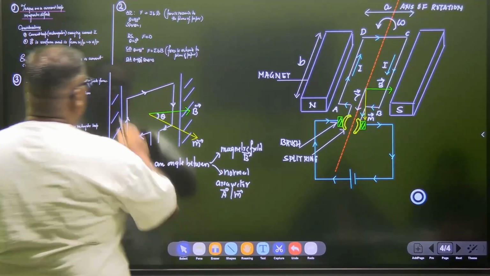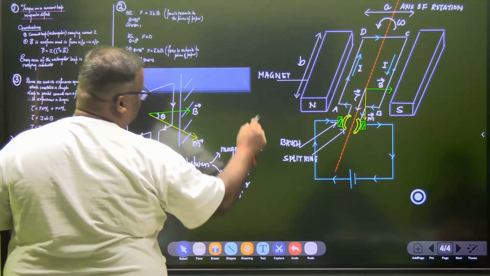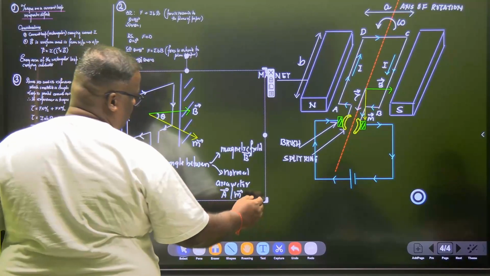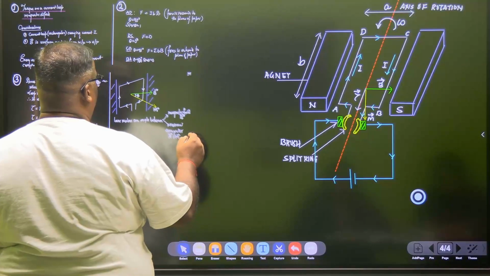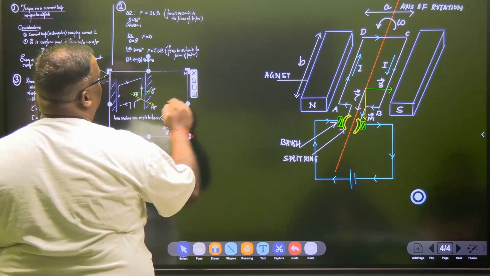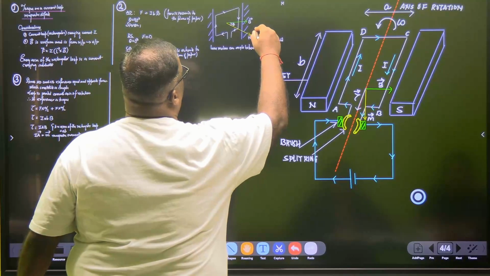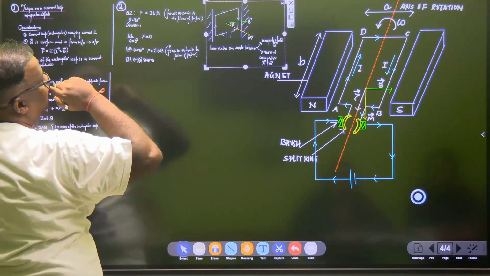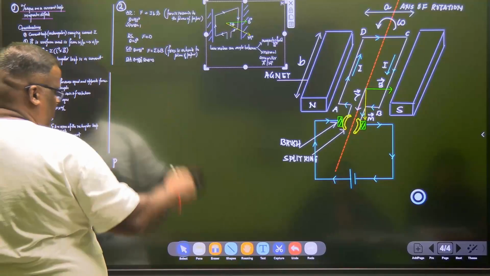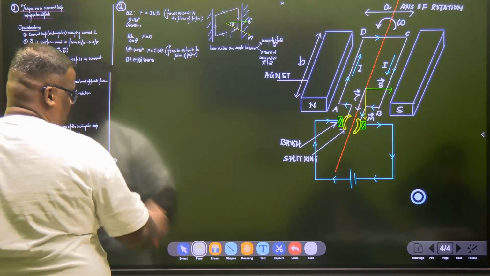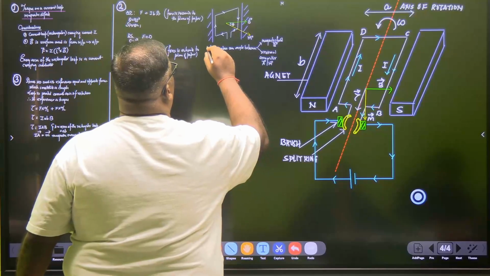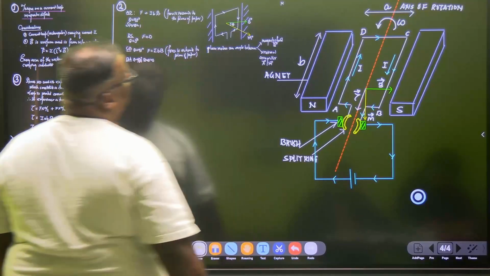If you have understood this diagram, this is fine. Now where does this M go from? Plane.